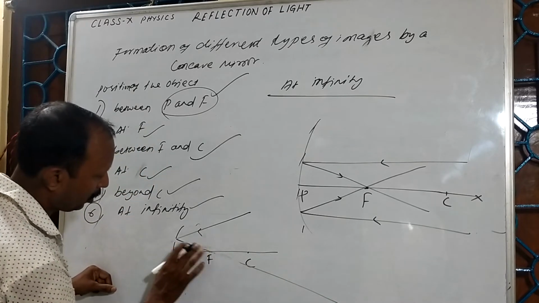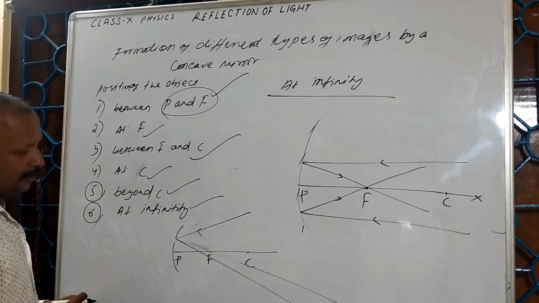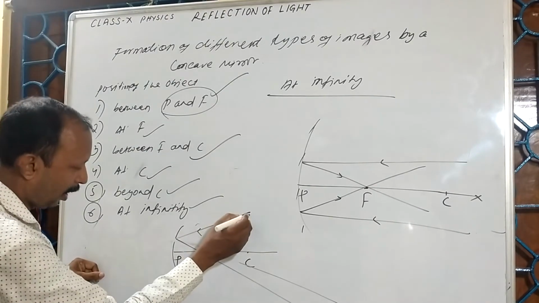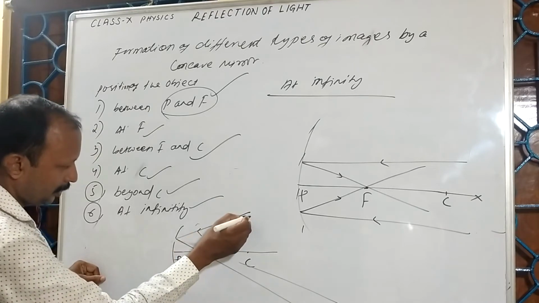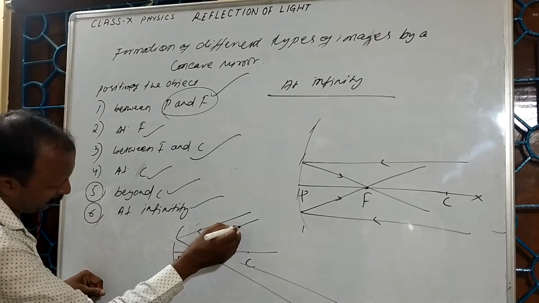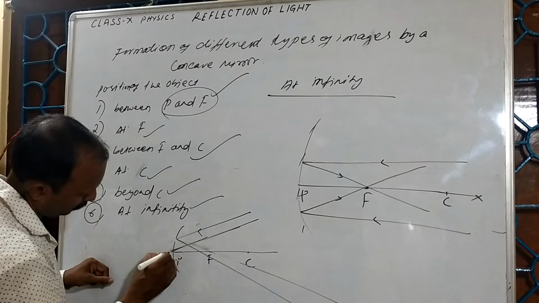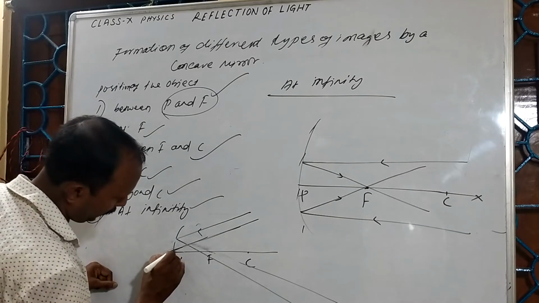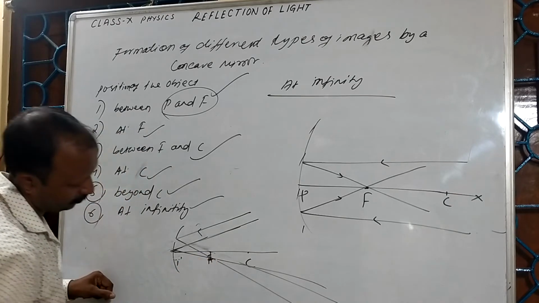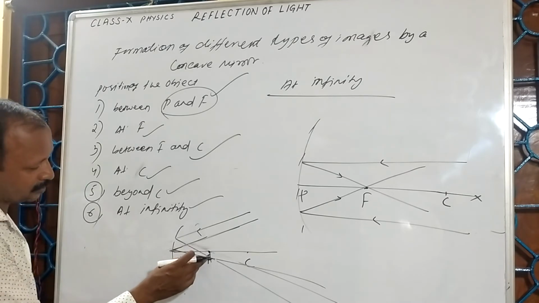Sorry, it will not go through the focus. It will follow the law of reflection. Suppose one more ray came like that. It will also reflect like this. So they are meeting at the focus.